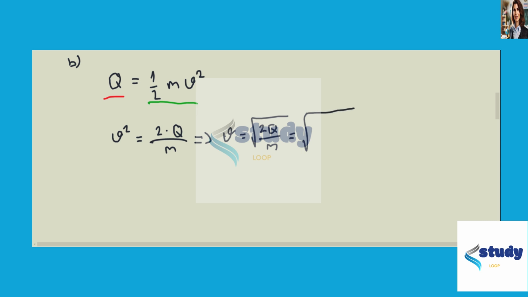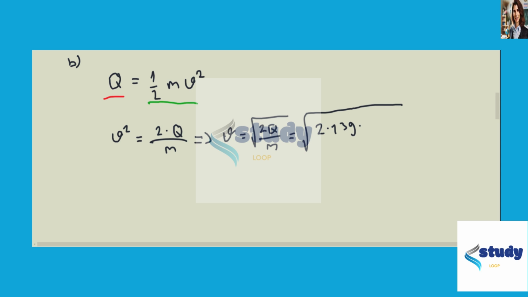Next, we can substitute. This will be 2 times 139. But look, we need to convert this into joules, the SI unit for energy, since calories are not a good unit for this kind of calculation, since we want to obtain the answer in meters per second.